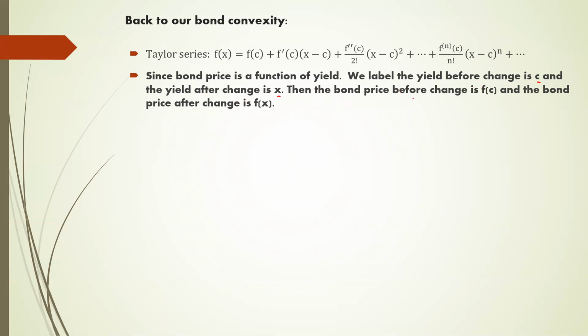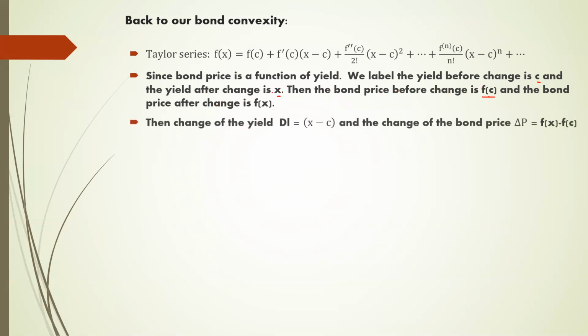So the bond price before change is f(c), and the bond price after change is f(x). The change of the yield, which is delta lambda, equals x minus c here. And the change of bond price, delta P, is equal to f(x) minus f(c).